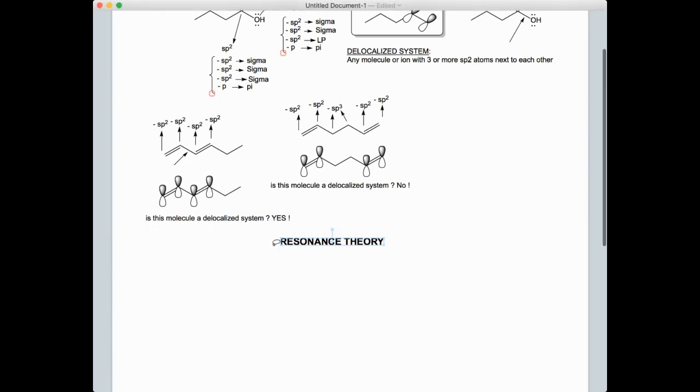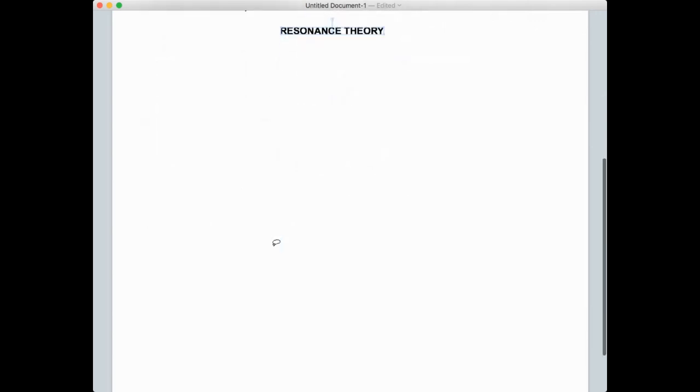So because of that, we come once again to something called resonance theory, which is the solution to this problem. And the solution is, instead of showing a single Lewis structure, we are going to show several Lewis structures, as many as needed. I'll tell you how many you need later, because that will depend on the particular molecule.